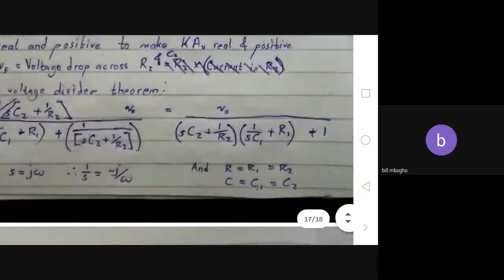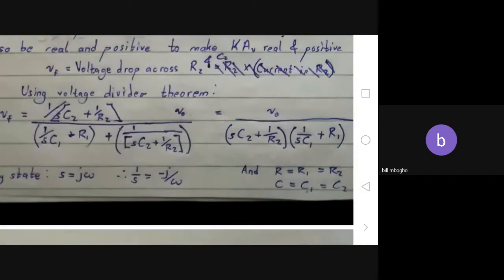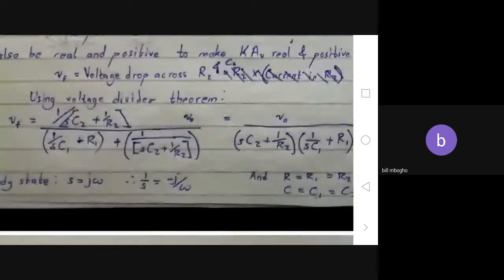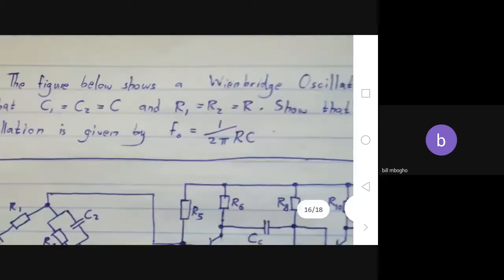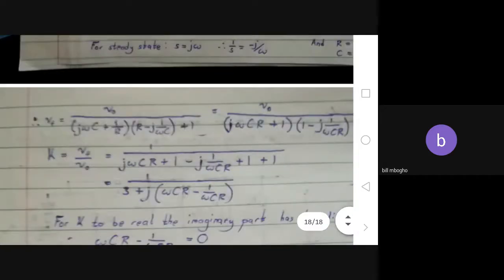And now at least it's a little bit easier. You can replace the S with J omega and the 1 over S with negative J over omega. And then from the part that was mentioned above here, the C's are equal and the R's are equal. So after replacing all of that, you get here.